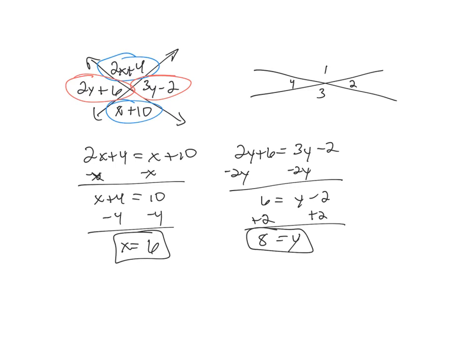So you can do vertical angles for 1 and 3, so they'll be the same. And then angle 1 and 2 are linear pairs, so they're supplementary. They add up to 180. So if angle 1 was 100, then angle 2 is 80. And then you could do vertical angles for the other two.